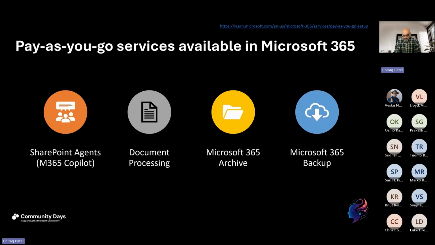But the remainder of the three, the document processing, which is the previous slide that I referred to, that's part of the pay-as-you-go, right? That's not really your Microsoft 365 Copilot, although some of the experience might seem familiar in Copilot territory.